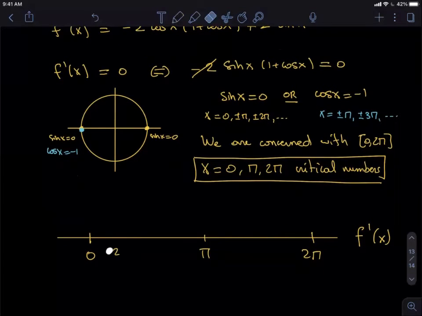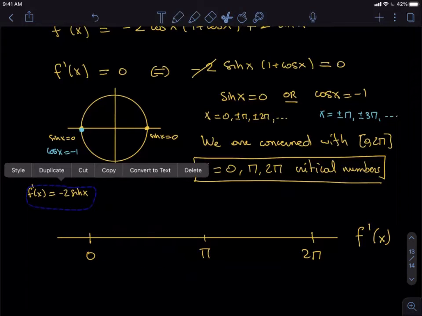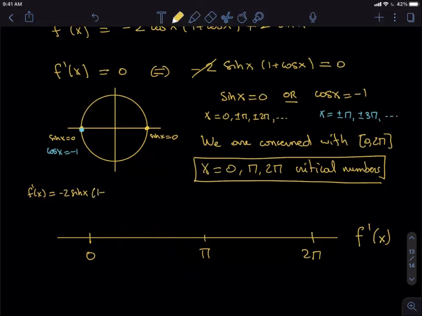Let's actually write it down. f prime of x is negative 2 sine of x, let's put it over here, times 1 plus cosine of x. So let's see the signs of all these things: sine of x and 1 plus cosine of x.